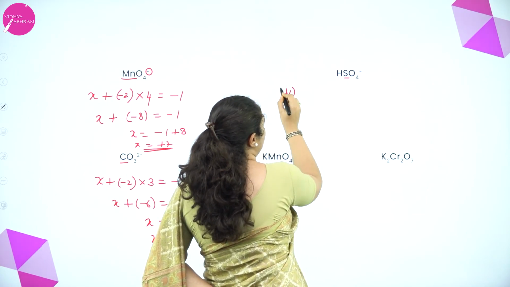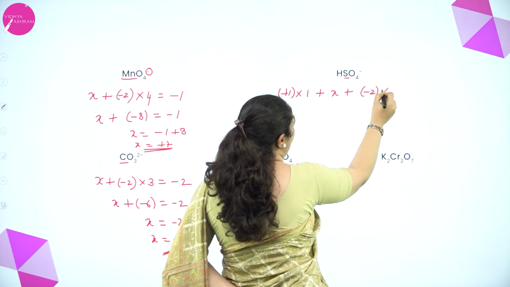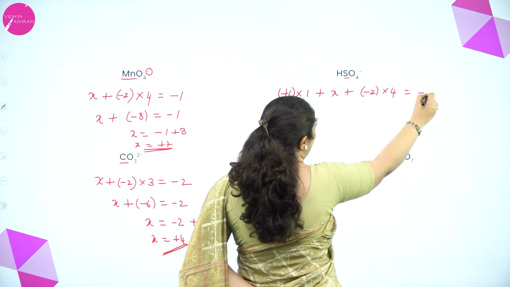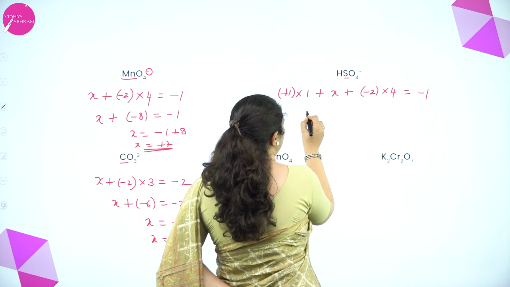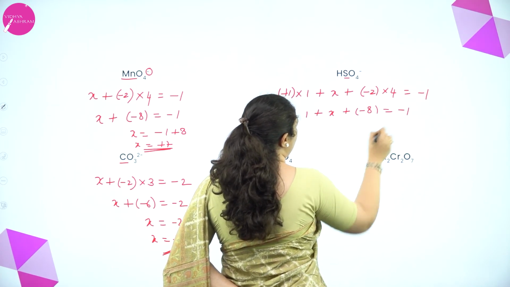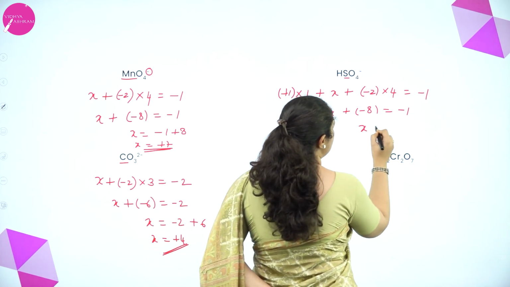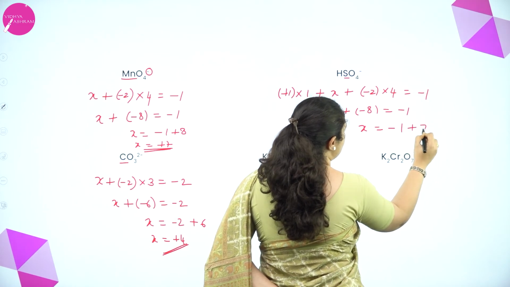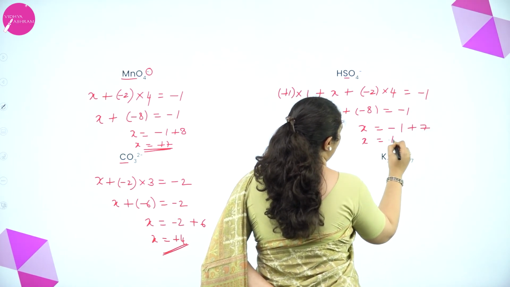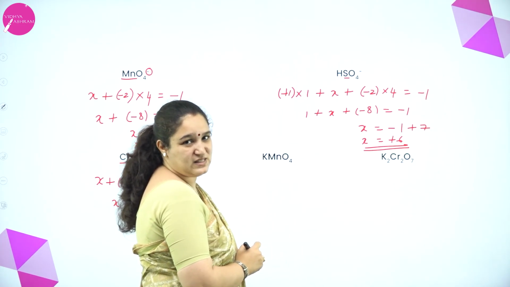Hydrogen is +1 into 1 plus X. Oxygen -2 into how many oxygen atoms? 4 is equal to -1. So, this is 1 plus X plus -8 is equal to -1. -8 plus 1 is -7. So, X is equal to -1 plus 7. So, X is equal to +6. So, for sulfur again I am getting +6.